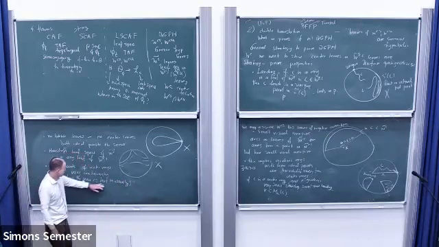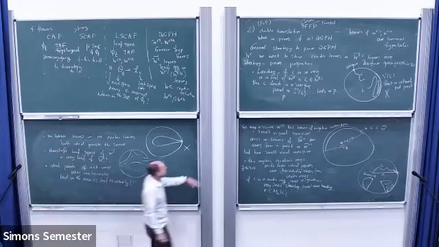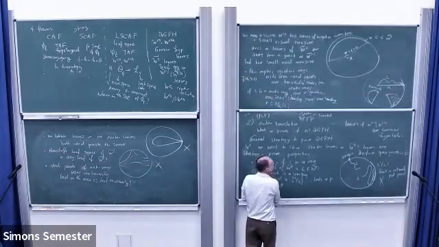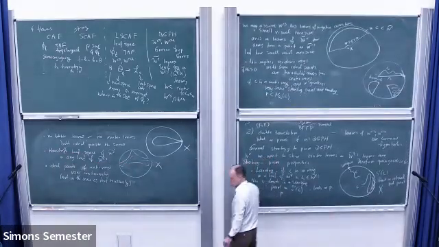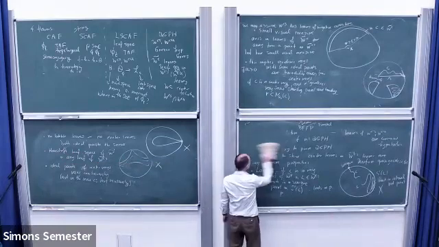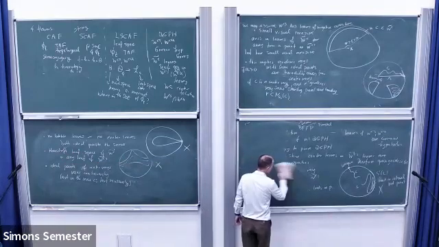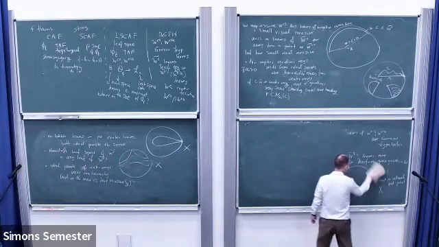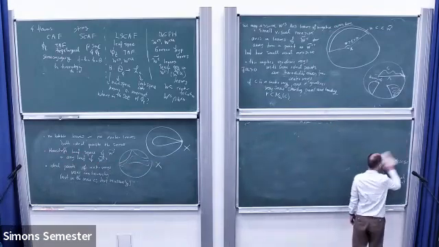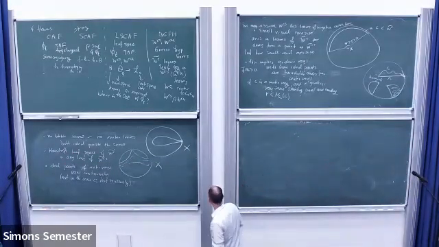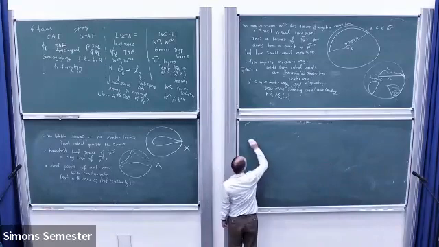Right. So let me talk a little bit about this. I don't think I'm going to have time to prove any of these problems. So I'm just going to do the general strategy and some general remarks.